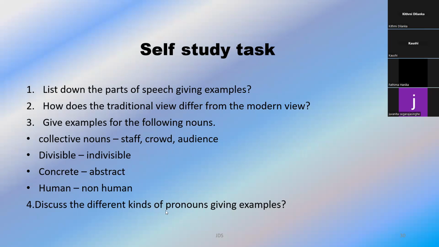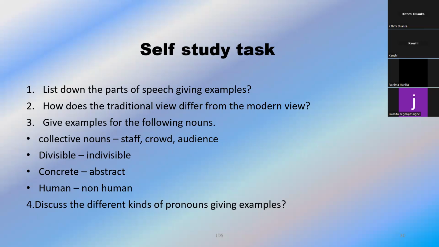What are the different kinds of pronouns? Tell me. Personal pronouns. What are the other pronouns? These, that, those, what are they? Demonstrative pronouns. Okay, personal pronouns, demonstrative pronouns. Come on, tell me the rest of it.